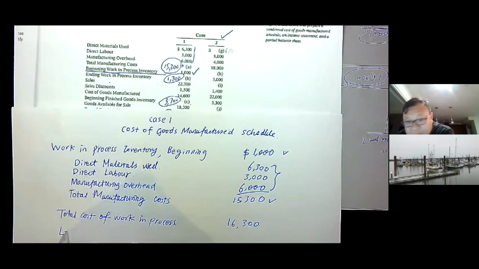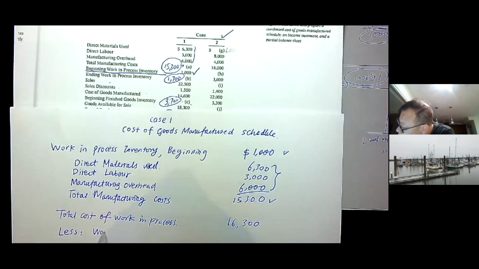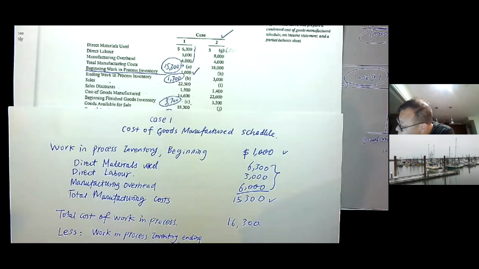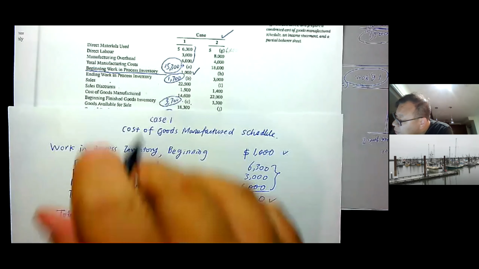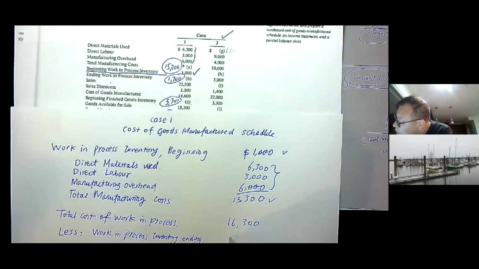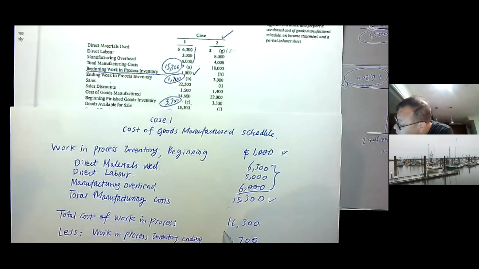And then here you're going to less the ending work in process inventory. This one we calculated to be 1,700.